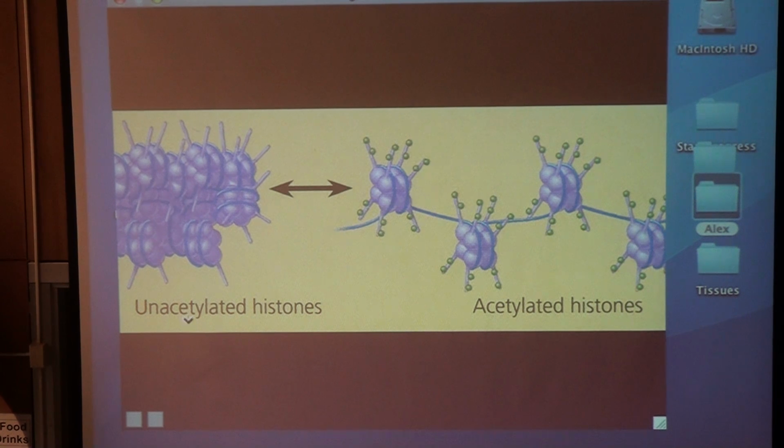And since like charges repel each other, as long as there are acetyl groups on the histones, they push away the DNA, and that tends to spread the DNA out, and you get euchromatin. But when the cell removes the acetyl groups, now the histone proteins are no longer negatively charged, and so they don't repel the DNA, and it's able to wind up tightly on the histones like that, and you get heterochromatin.